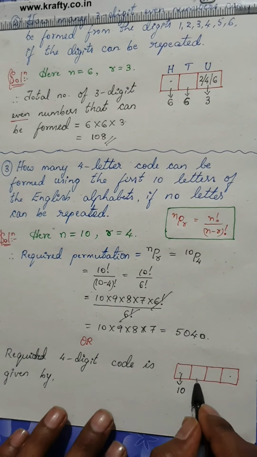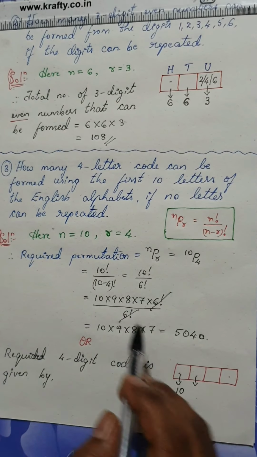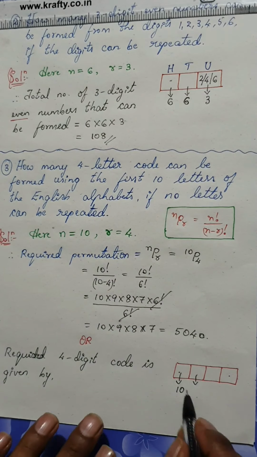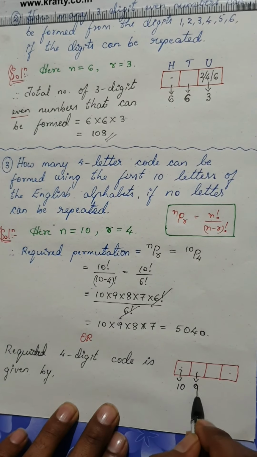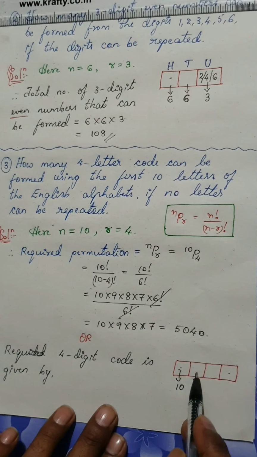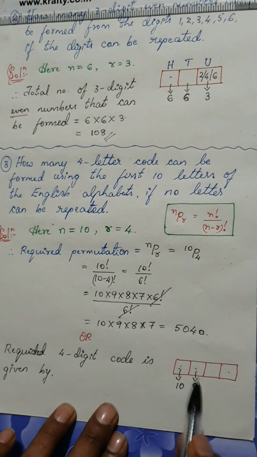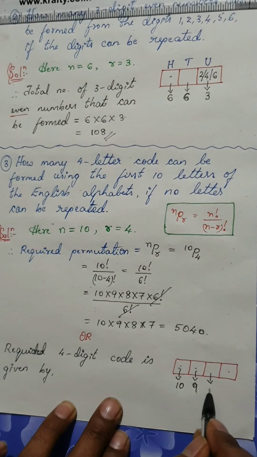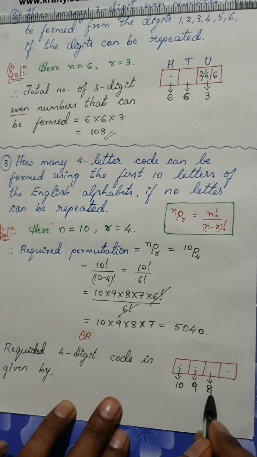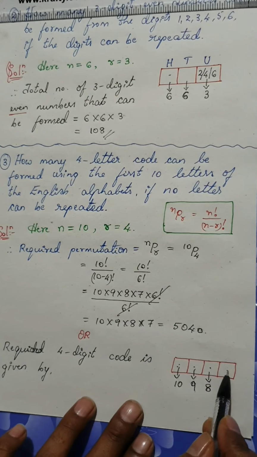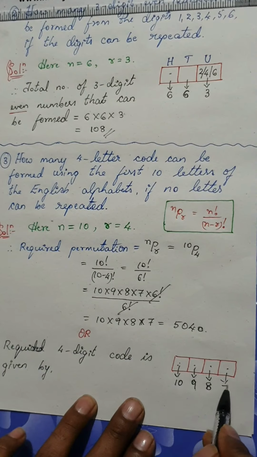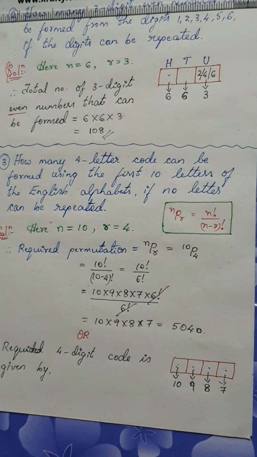Now for the second spot, since repetition is not allowed and one letter is already fixed, only 9 are left over which can take this spot. Again, if one is fixed here, only 8 alphabets remain which have the chance to occupy here. Finally the last spot can be filled by 7 alphabets. Is it clear? So that is the answer.